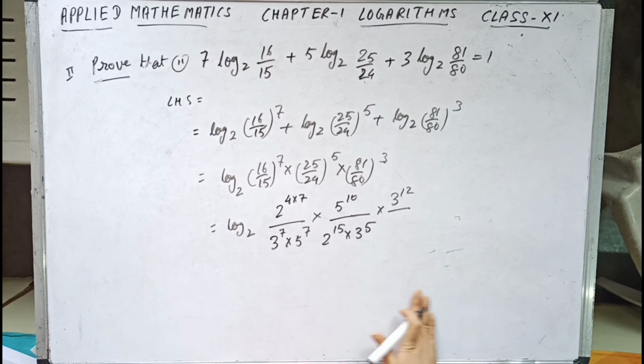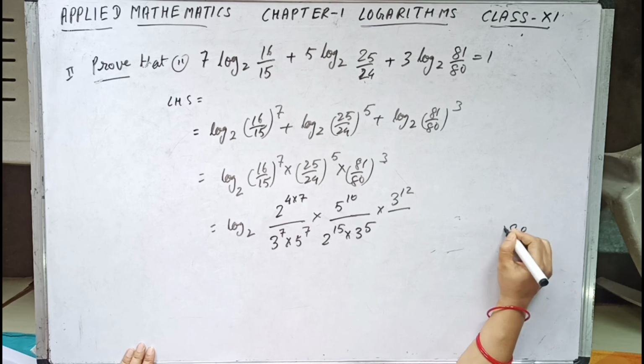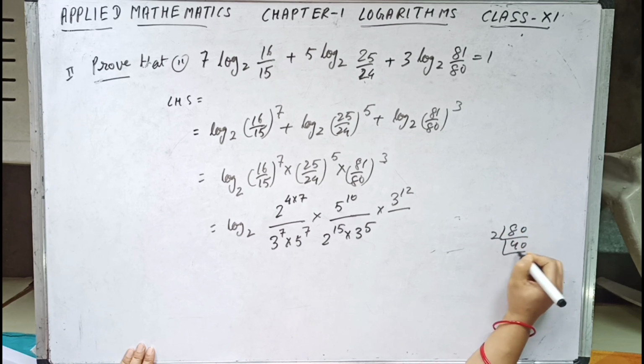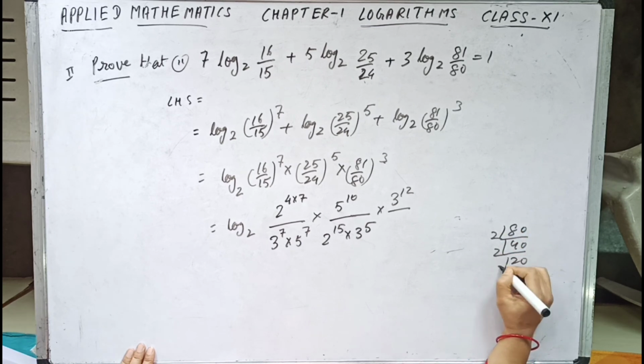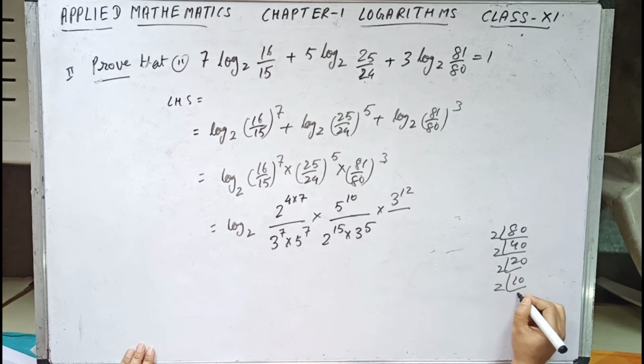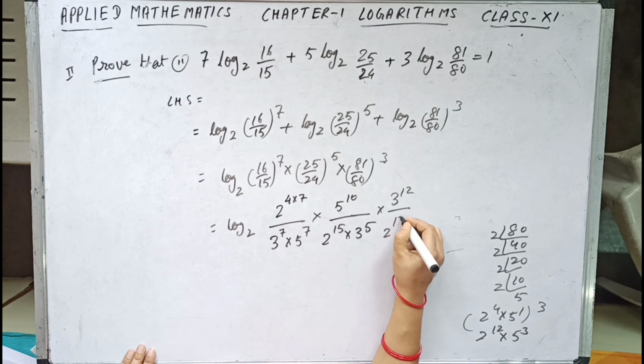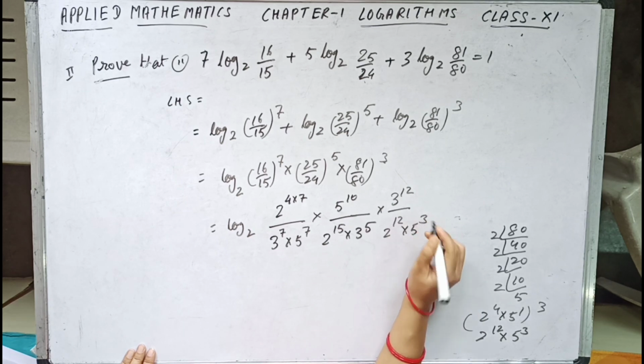We can write 80 as 2 power 4 into 5 power 1, and it is power 3. So 2 power 12 into 5 power 3.